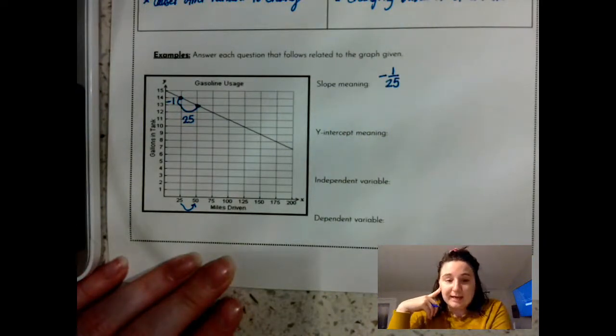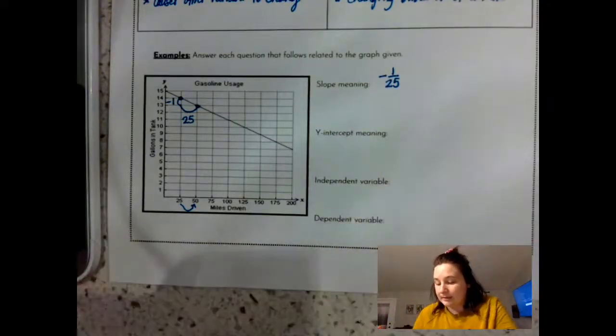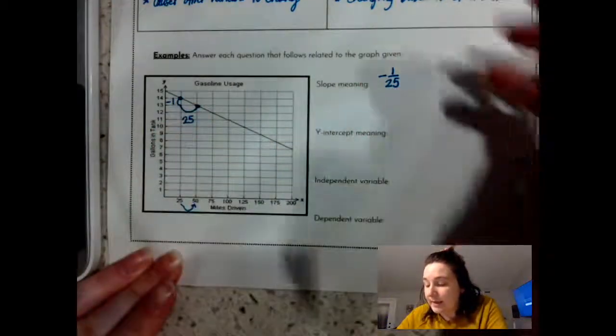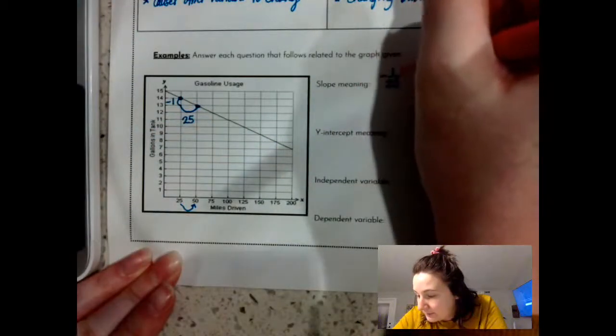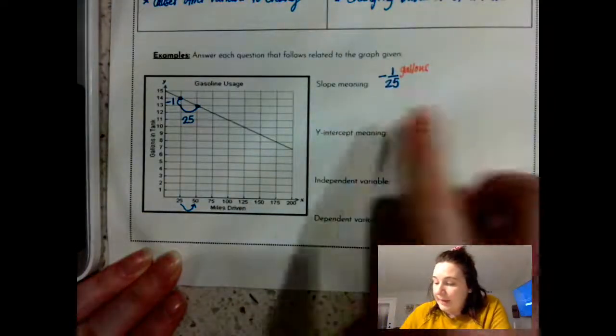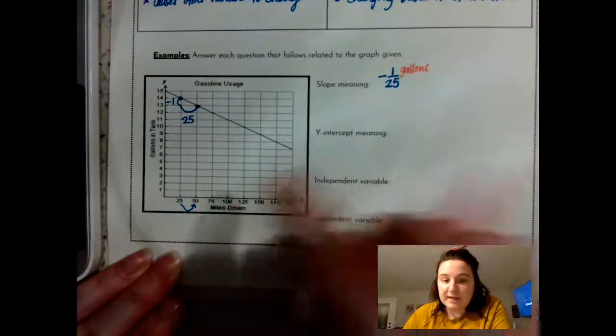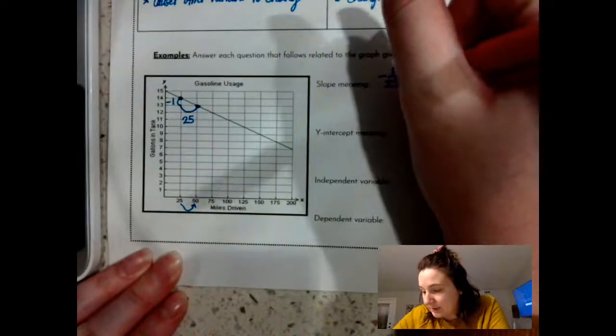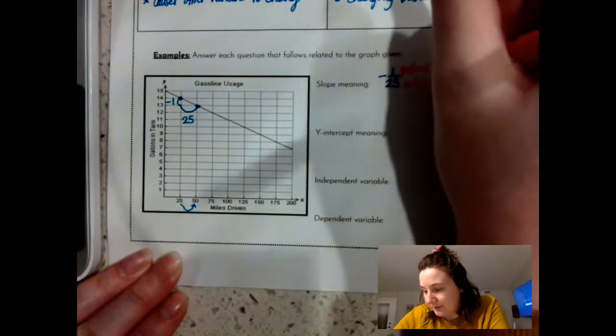My second step for slope meaning is to label. So my rise, I want to label with my y-axis. So negative 1 represents negative 1 gallons. And 25 represents my x-axis, which is miles driven.